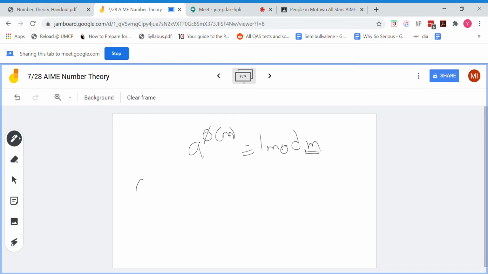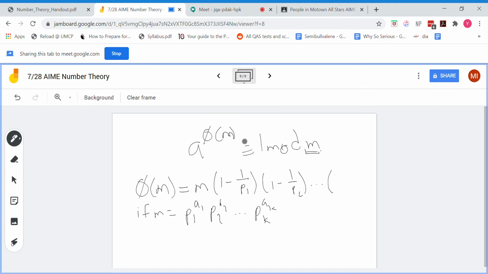And phi of m, just in case you're not familiar with this, is essentially equal to, if the prime factorization of m is p1 to the a1 times p2 to the a2 all the way to pk to the power of ak, then phi of m equals m times 1 minus 1 over p1 times 1 minus 1 over p2 all the way to 1 minus 1 over pk.